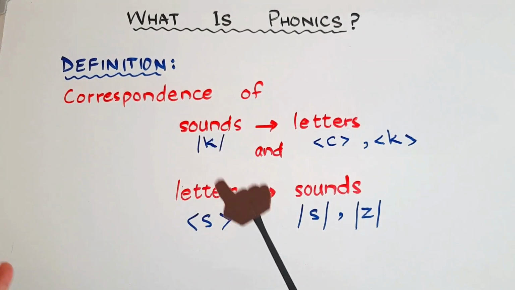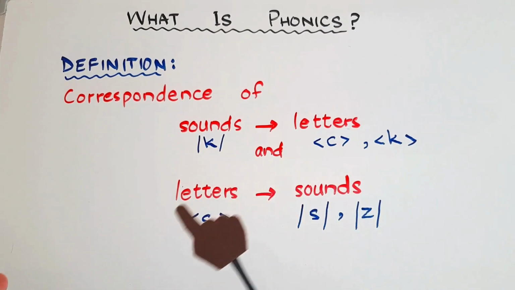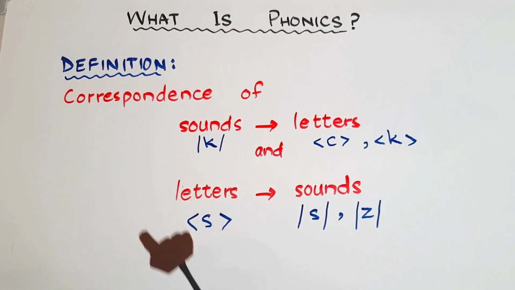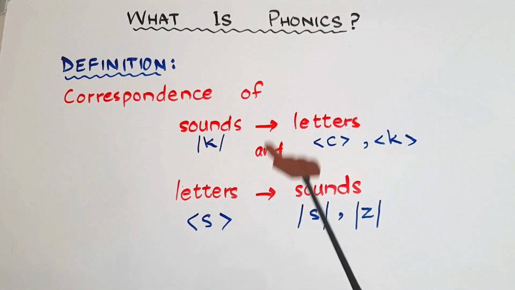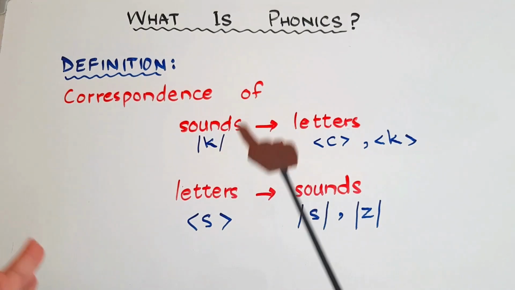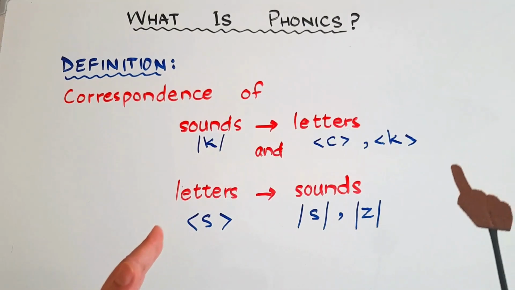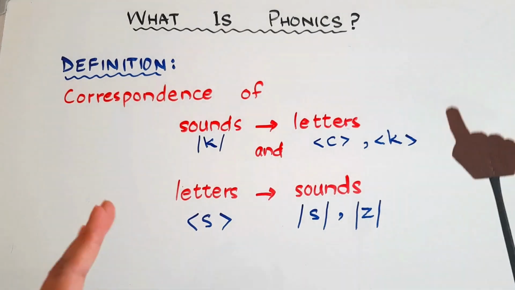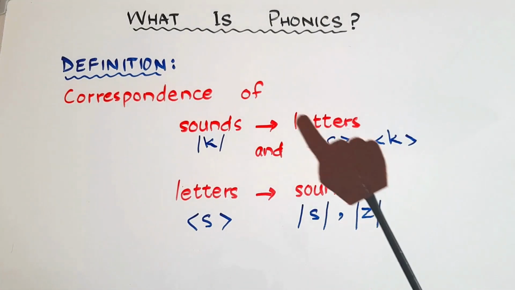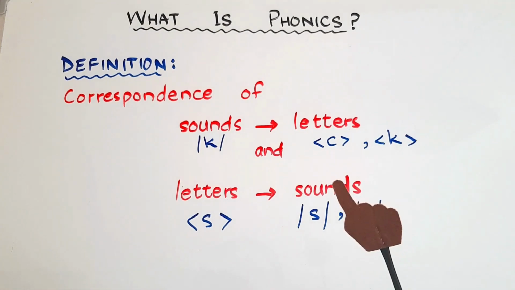Phonics is the connection between sounds to letters and letters to sounds. Like if you see a letter written, you can understand what would be the sound of this in the word. And if you say a word, you can understand how to write this word in the written language. And for that, obviously, you need some letters to write. Done. So this is the basic definition or the meaning of phonics.